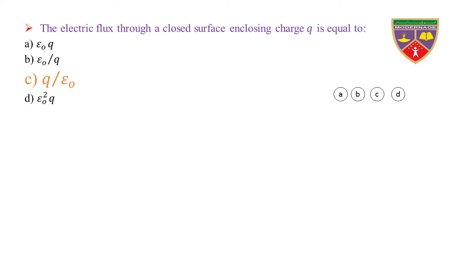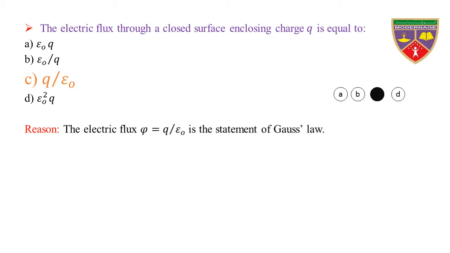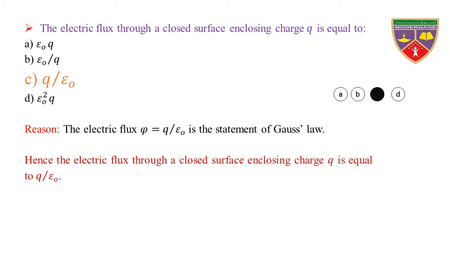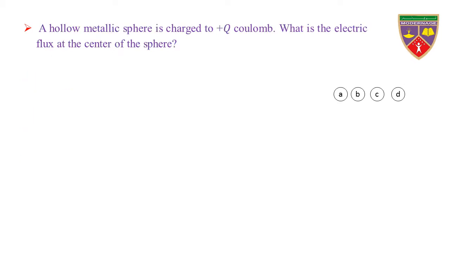Therefore, the correct option is C. Reason: the electric flux phi is equal to Q divided by epsilon naught is the statement of Gauss' law. Hence, the electric flux through a closed surface enclosing charge Q is equal to Q divided by epsilon naught.